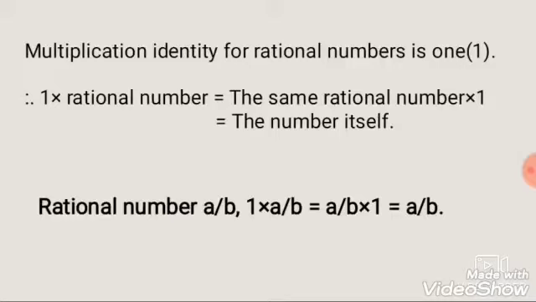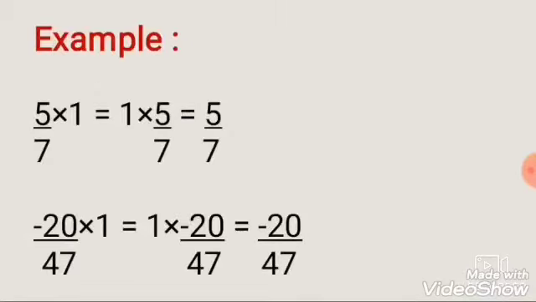That means, if the rational number is considered as A by B, then 1 into A by B is equal to A by B into 1, which is equal to A by B. Let us see with an example. In the first example I have taken the rational number as 5 by 7.